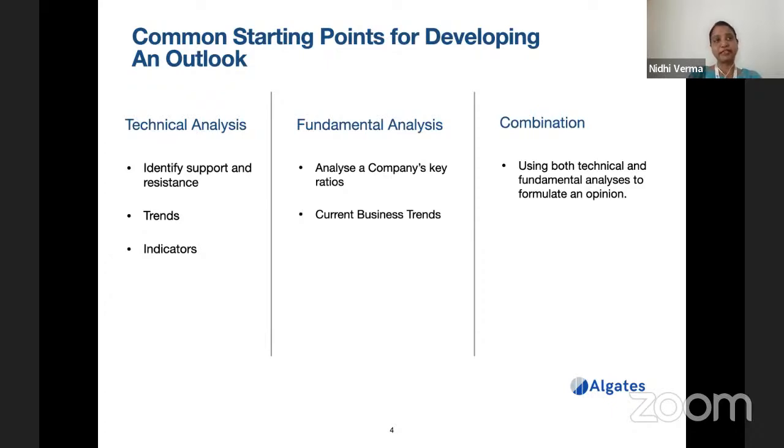Then there are a host of indicators which will tell you whether this stock is likely to go up or likely to go down, or whether it is going to be range bound for quite some time. So based on that you can have an outlook, you can develop a sense of where it is going to be.